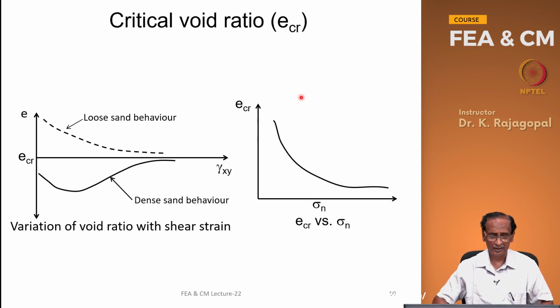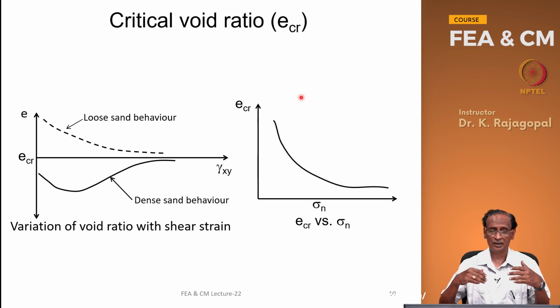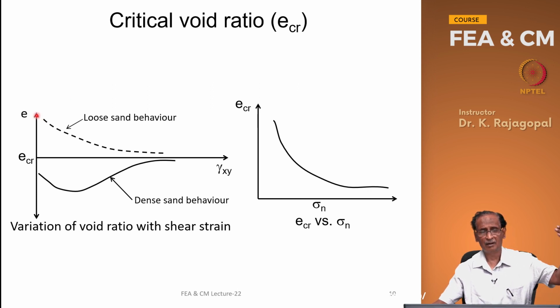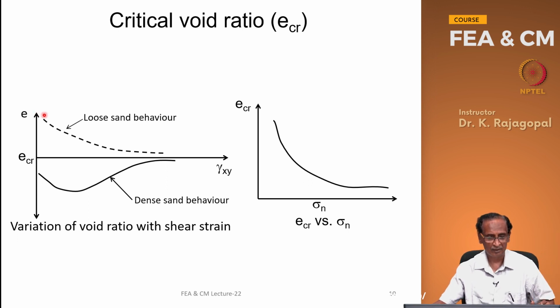Then what is the factor that distinguishes between the dense sand behavior and the loose sand behavior? That is the critical void ratio. So, initially if we place the soil at a very large void ratio and then start shearing, it will go on compressing up to some critical state.